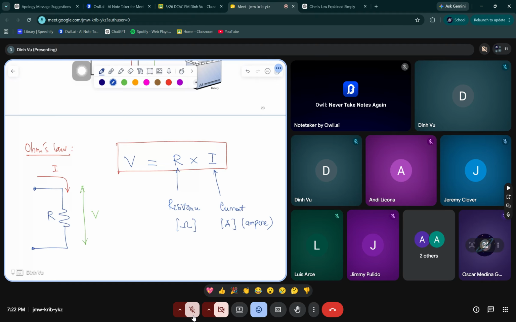And V stands for the voltage. The unit of voltage is volts.